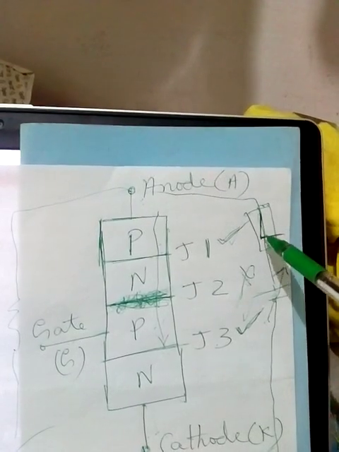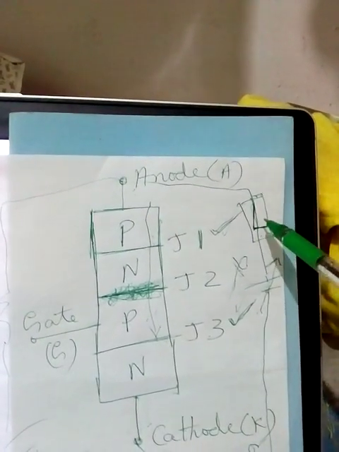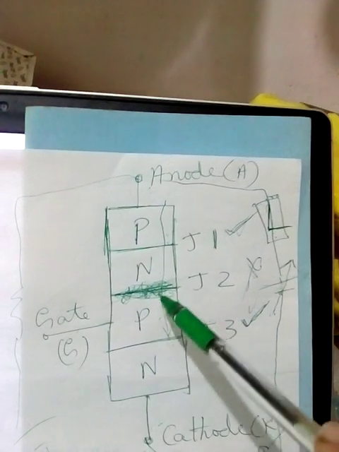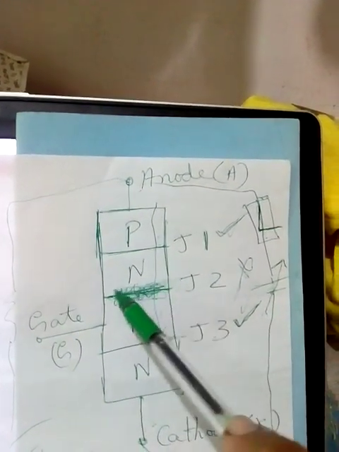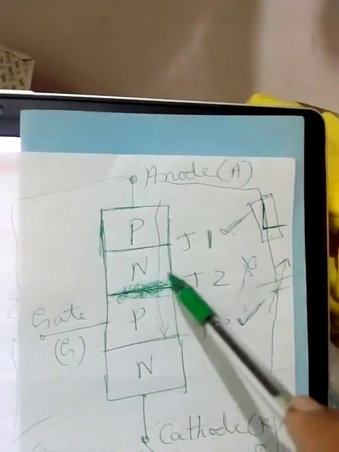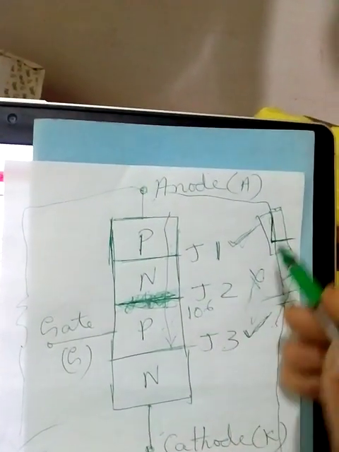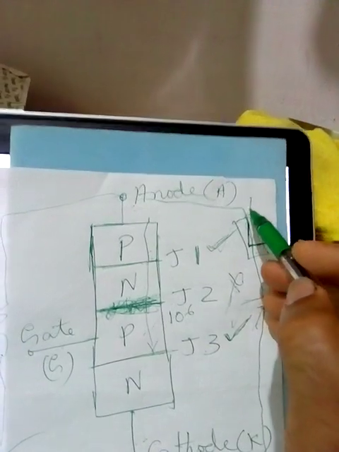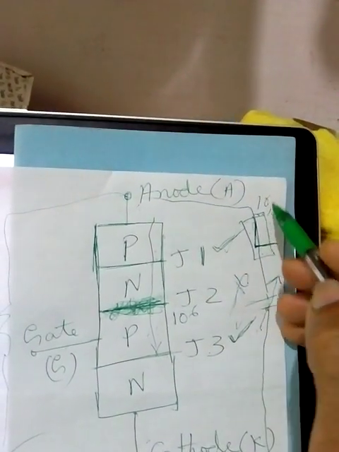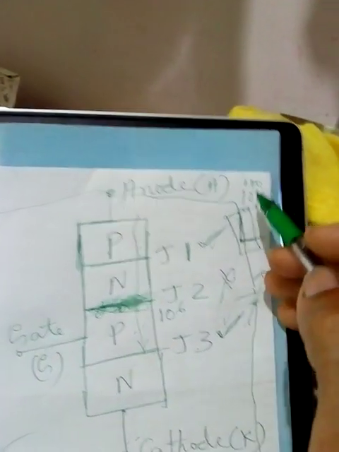Here you will get 499 volts. Note that the resistance of this junction will be in mega ohms or giga ohms, say 10 to the power of 6. Load resistance will be in the order of tens or hundreds of ohms, not more than that.